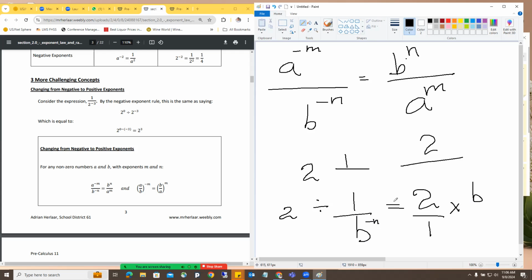So converting this division into a multiplication means 2 over 1 multiplied by b^-n over 1. Now again you need to convert this negative power into a positive power. There you will receive what?